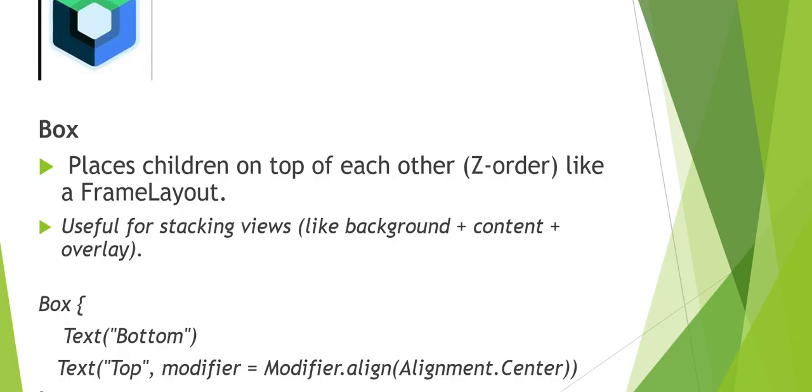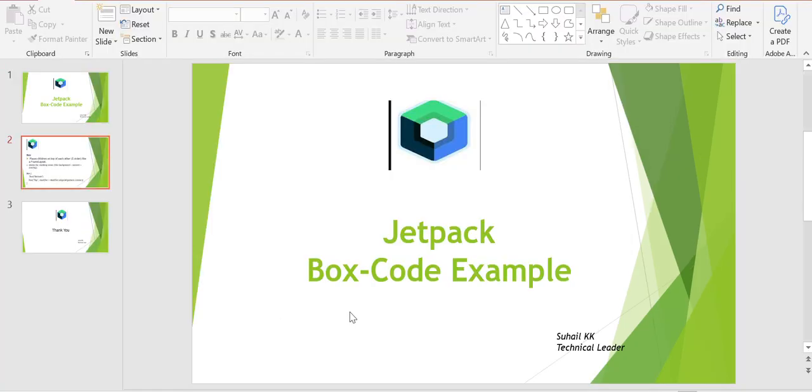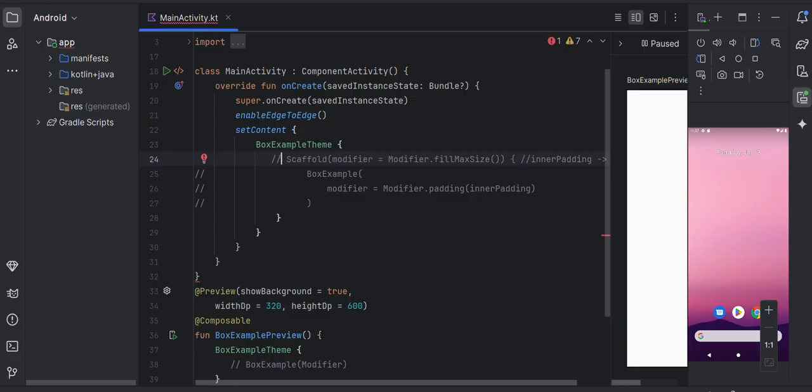The syntax of Box is like this: we have Box and then we can add children, like one Text composable with the text bottom and another Text with the name top, etc. So this is the syntax. Then we can move to the code example.